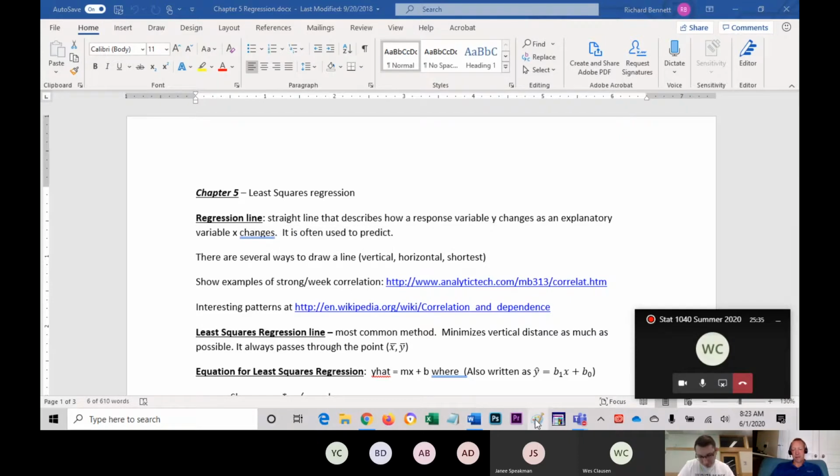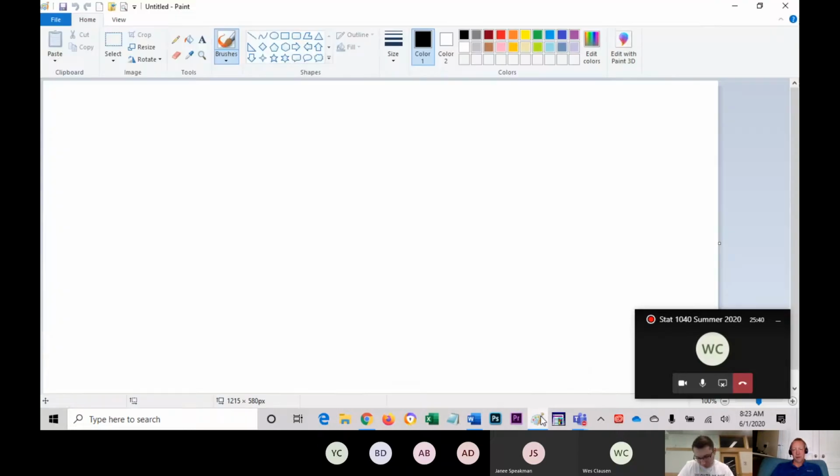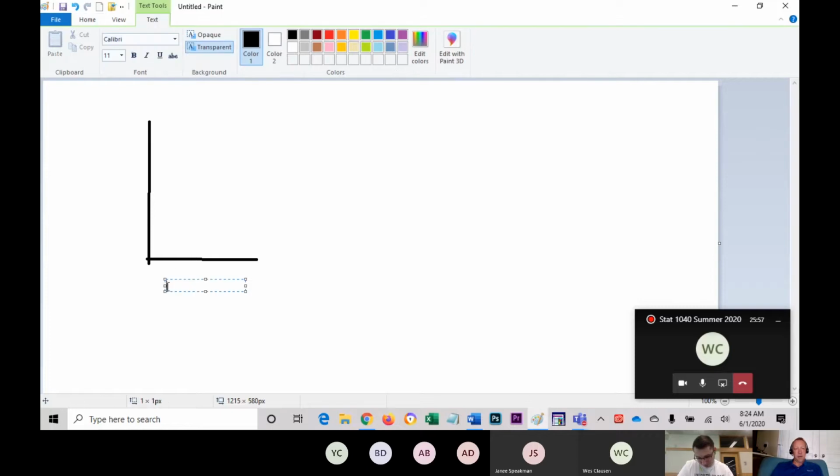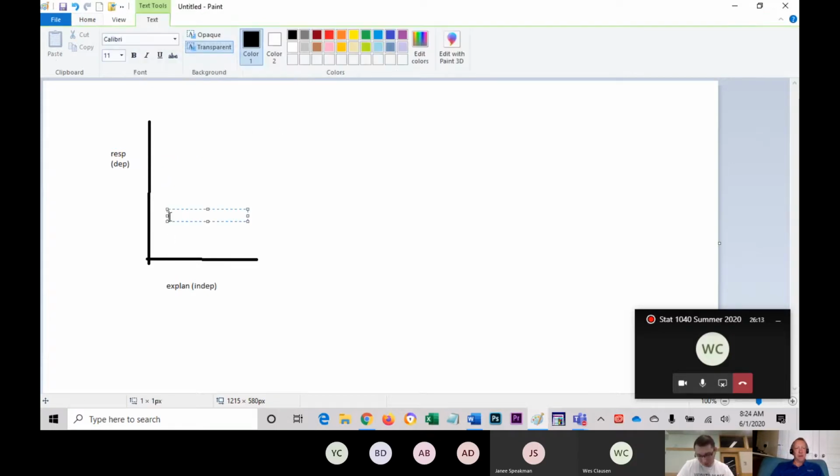The idea here is, let me draw a quick little scatter plot. Okay, so I've got my scatter plot here. I've got my explanatory or independent variable down here, and I've got my response or my dependent variable here, and I'm going to have a bunch of dots.